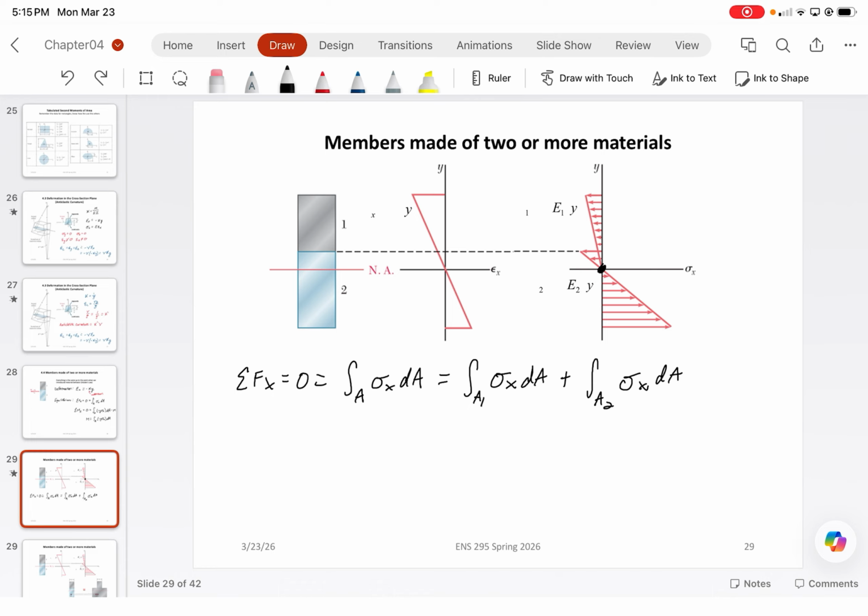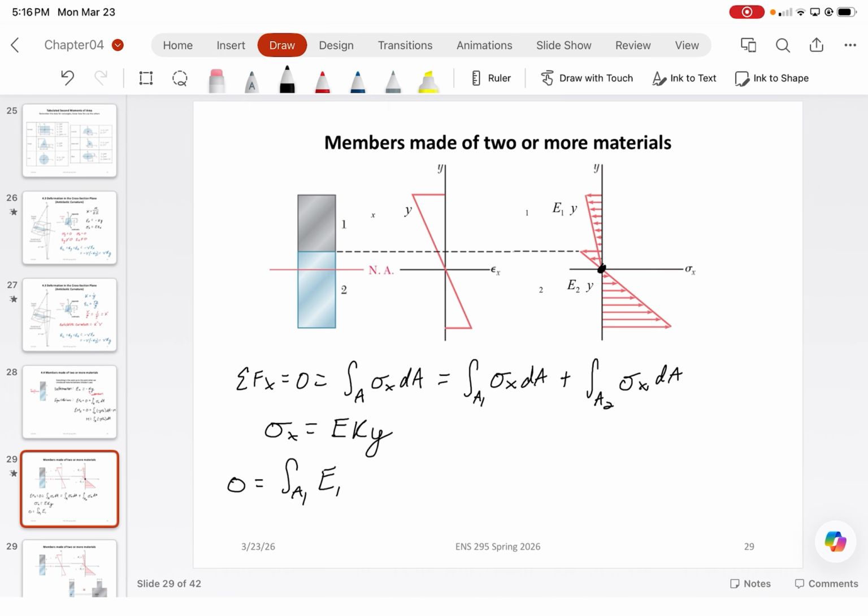What is stress equal to? Well, if you guys recall, stress is just going to equal the elastic modulus times strain, which another way we can write strain is from the curvature equation multiplied by the y-coordinate. So what we get now is 0 is equal to the integral over A1 of E1, which is going to be the elastic modulus of material 1, times the curvature, which is going to be our compatibility.